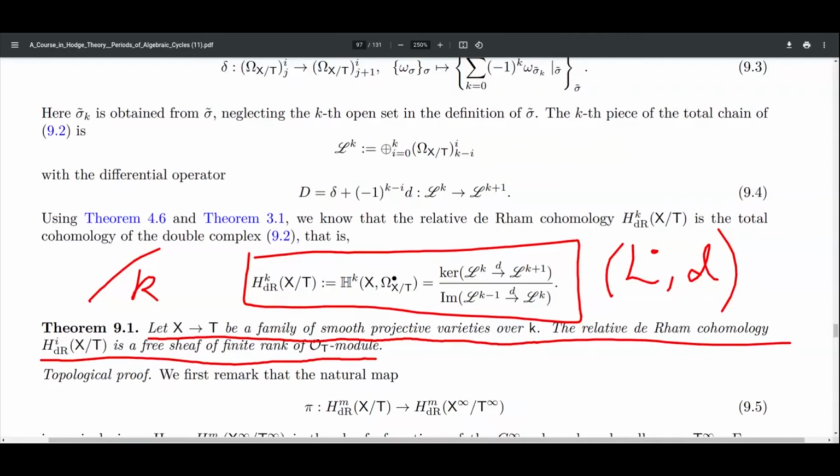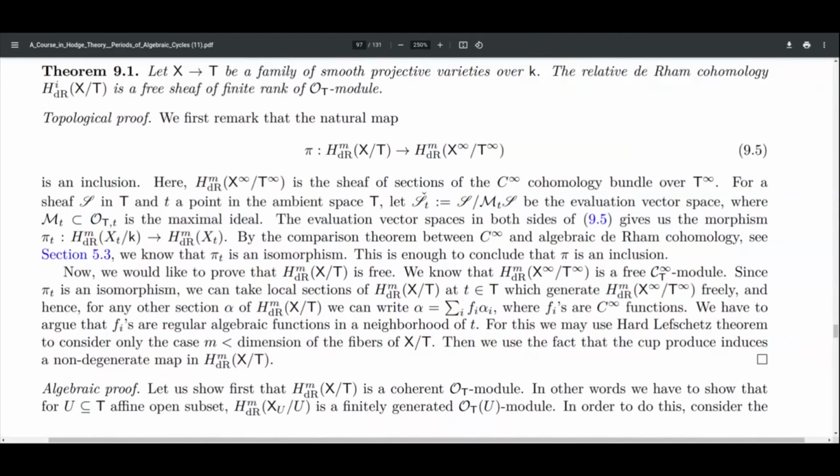In a more geometric language, they are sections of a vector bundle, which we call the cohomology bundle. In the book, we have presented two proofs for this fact, the topological and the algebraic proof, and I will skip the proofs here.